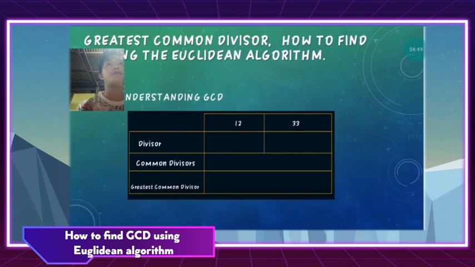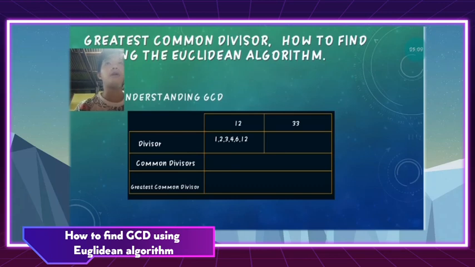Let's first focus on the number 12. What are the divisors of the number 12? The divisors of 12 are 1, 2, 3, 4, 6, and 12. When 12 is divided by these numbers, we get the remainder 0, and that's why we call these numbers divisors.